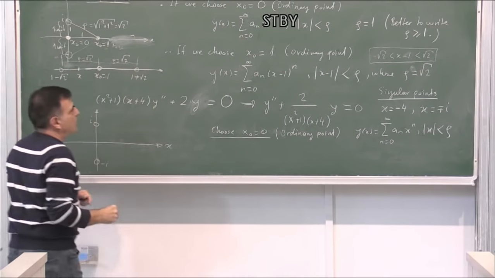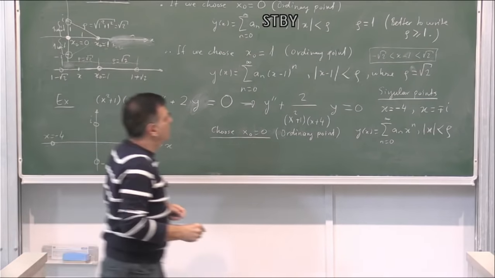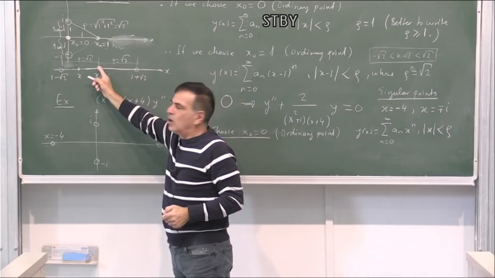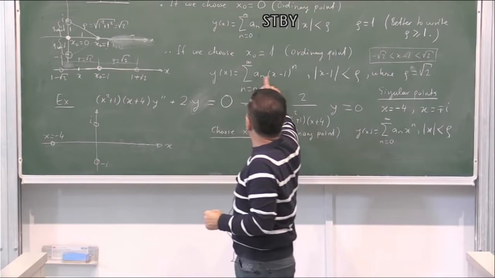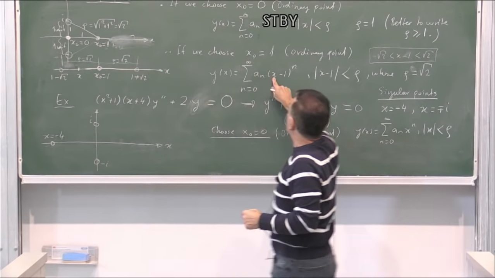Because we are interested in real solutions on a real x-axis, such a solution, sum of a n x minus 1 to power n, which is a power series centered at 1, is convergent for all x in this interval.